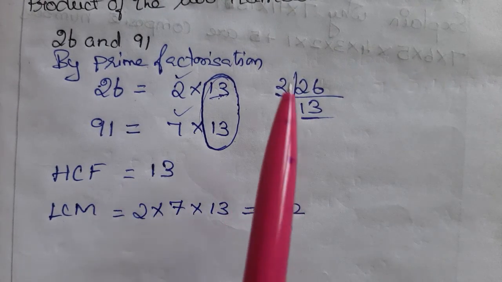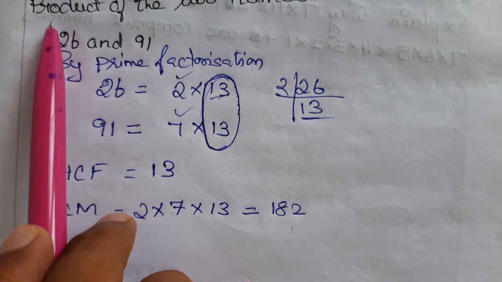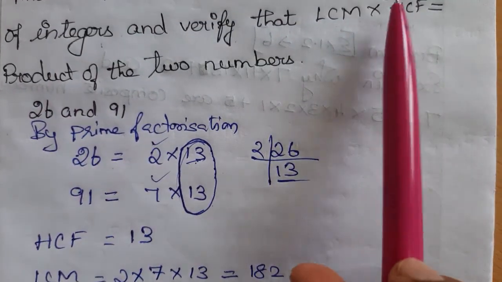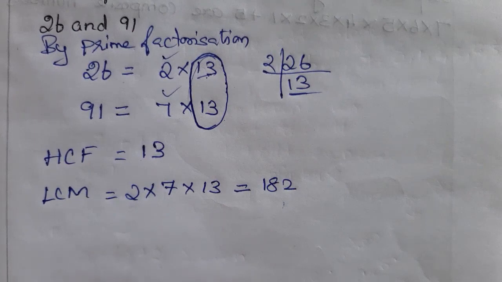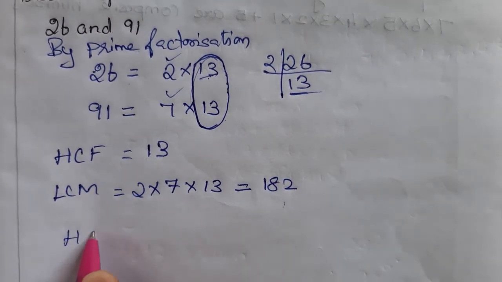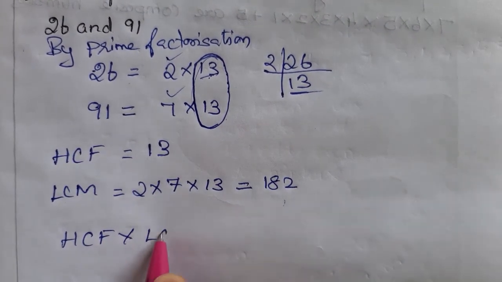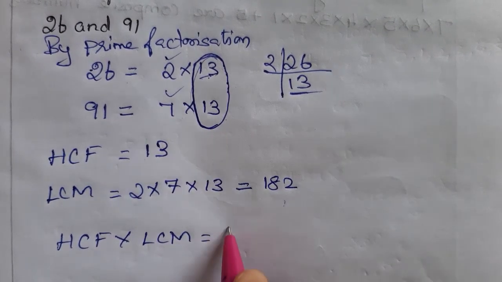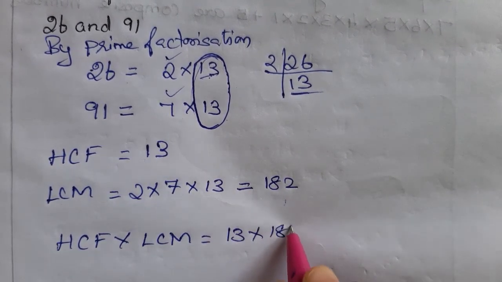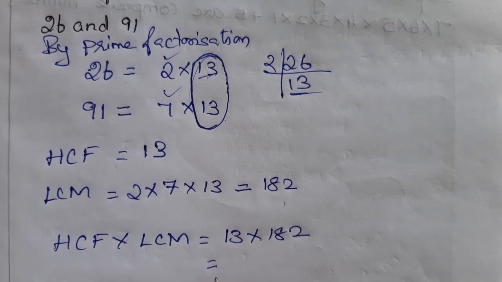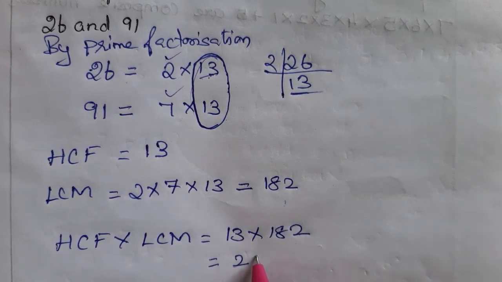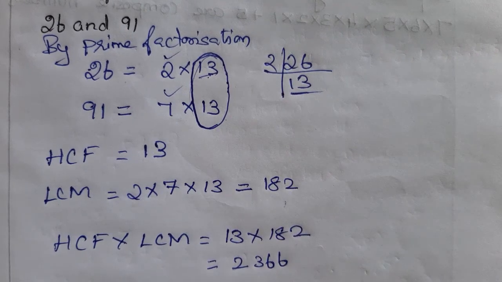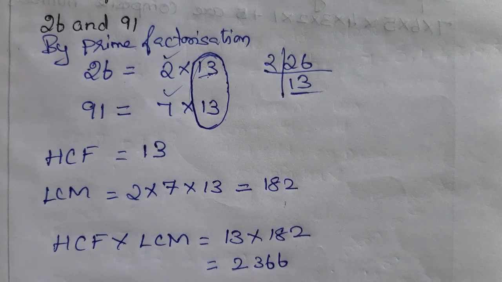Yes. So first they asked to find the LCM and HCF, which we found. Then they asked to verify that LCM into HCF is equal to the product of the two numbers. Let me see. What is HCF into LCM? HCF into LCM is equal to 13 into 182. What is the value of 13 into 182? Can you guess? It will be 2366.